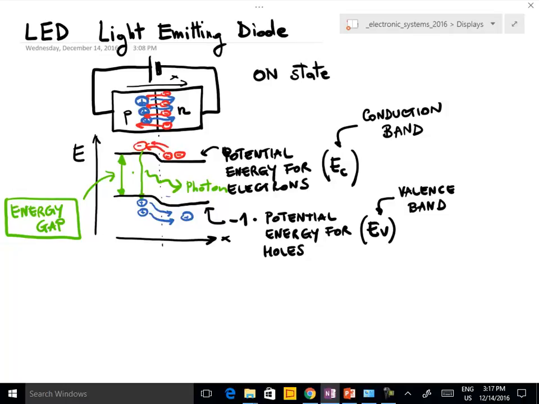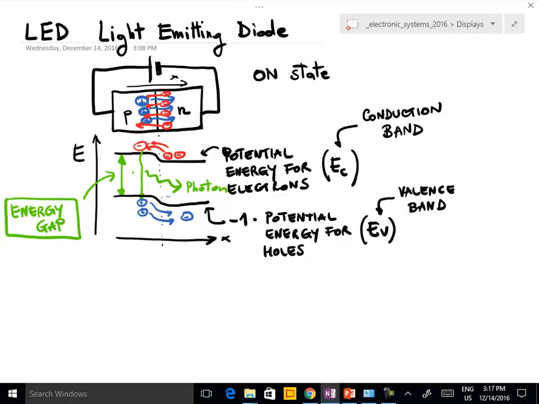So in order to have the emission of photons, we need to have current, because we need to have this diffusion of electrons and holes at the same time. Okay? In order for this to happen, we need to have the proper material. For example, silicon does not work. Okay? In the case of silicon, we do not have a light-emitting diode, due to the property of the material.